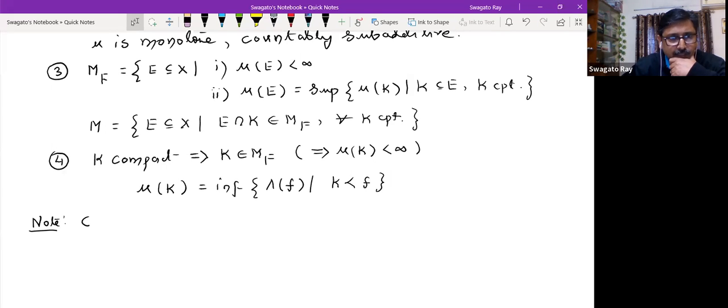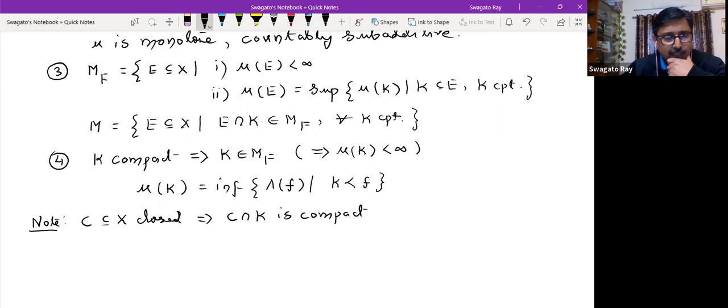Suppose C is any closed set in X. This would then imply that C intersection K is compact, correct? A closed subset of a compact space is compact. But C intersection K is compact means, by 4, that C intersection K is in MF, because all compact sets are in MF.